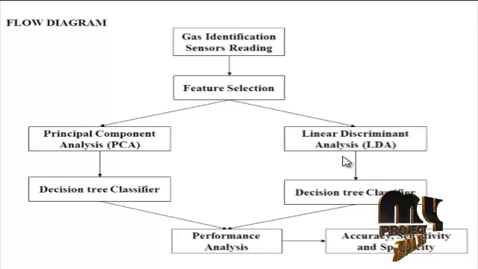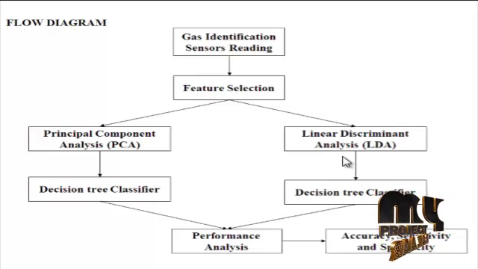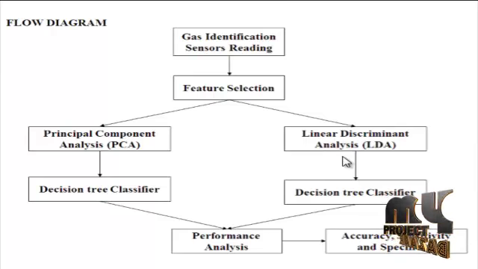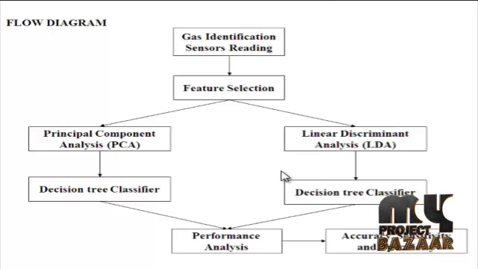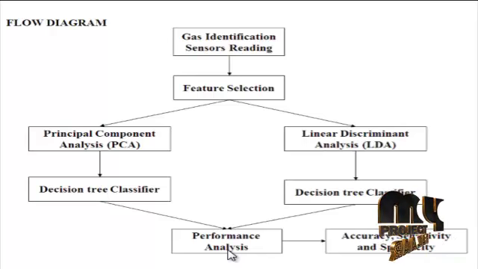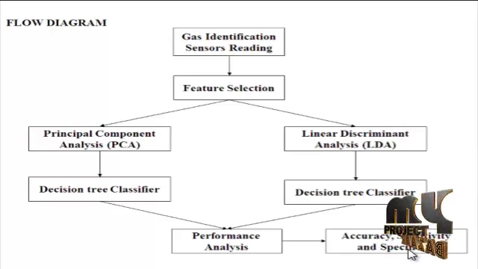Tree models where the target variable can take a finite set of values are called classification trees. In these tree structures, leaves represent class labels and branches represent conjunctions of features that lead to those class labels. Finally, the performance of the system is analyzed in terms of accuracy, sensitivity, and specificity.